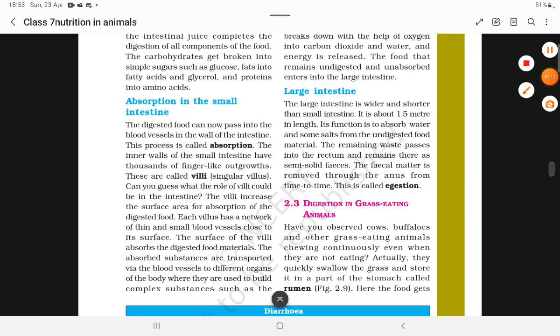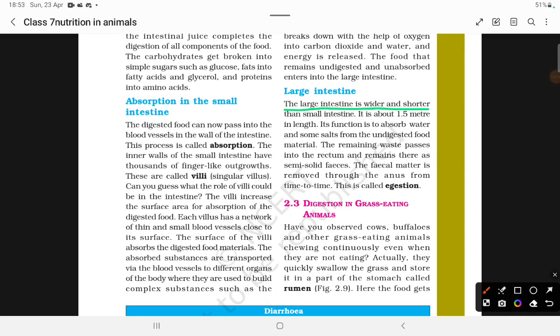Here comes the paragraph for the large intestine. The large intestine is wider and shorter than the small intestine, as I just told you, and I also told you about its length. How much is the length? 1.5 meters in length. What does it do? Its main function, this is very important, is to absorb water and some salts from the undigested food materials.